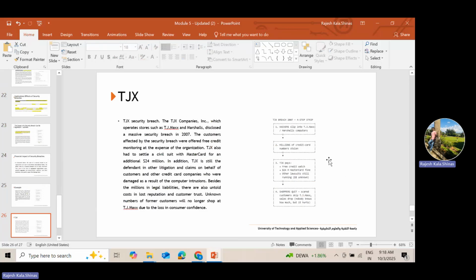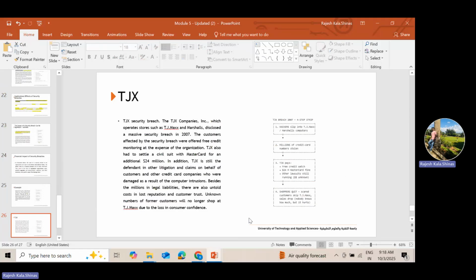Then all the customers' information was leaked, and there were so many fraud transactions. What did TJX have to pay back? A huge amount of money, about $24 million to Mastercard as a fine. They also had to face so many legal problems, paying for lawyers and the court, and even had to give free credit watch to the customers.